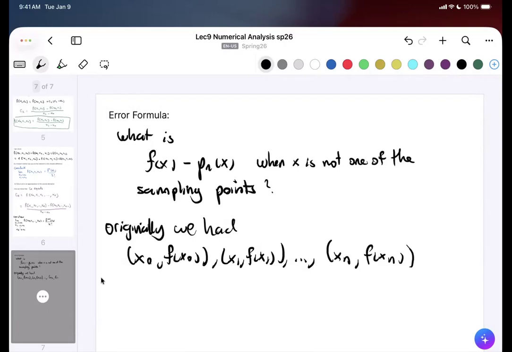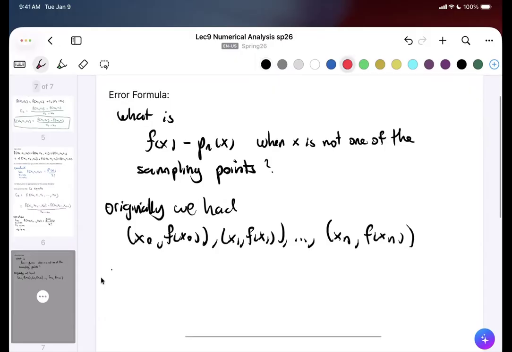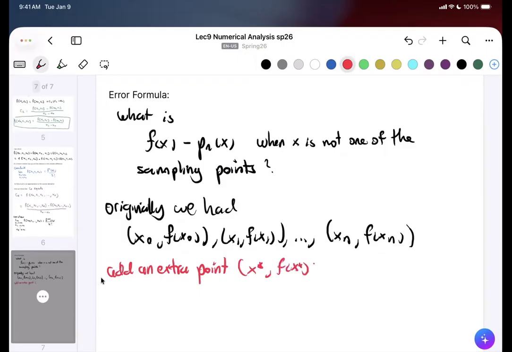Those were the points that we started with. Just imagine adding an extra point to this list. Let's say that you have an extra data point, which I'll call x star, not x because it's too confusing if I call it x. So let's add an extra data point, x star, f of x star, to this list.